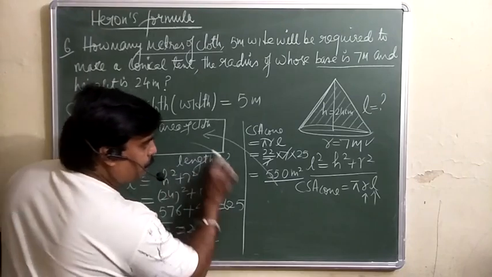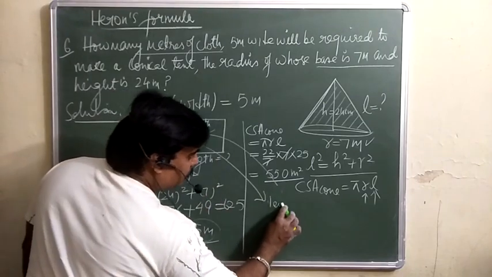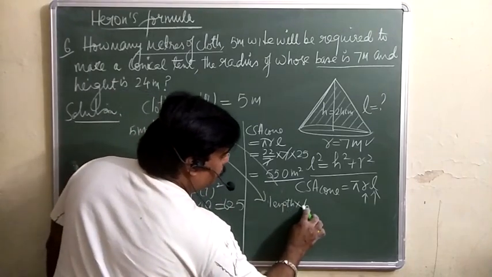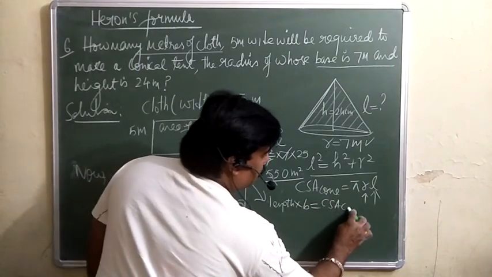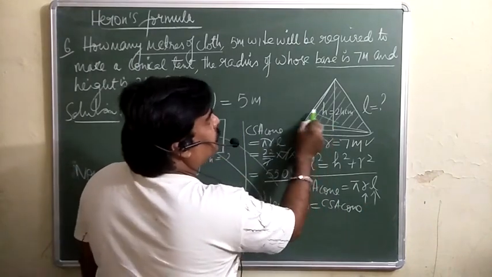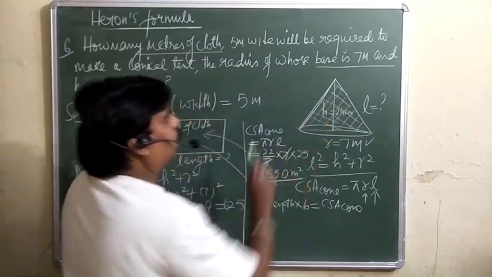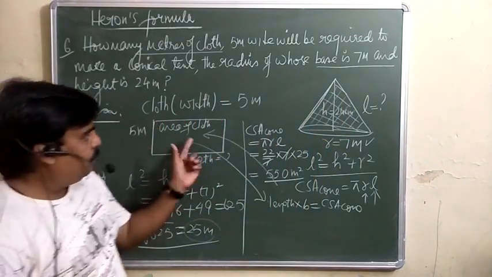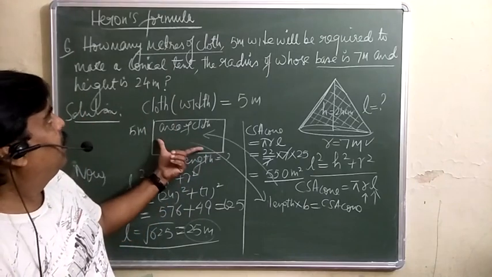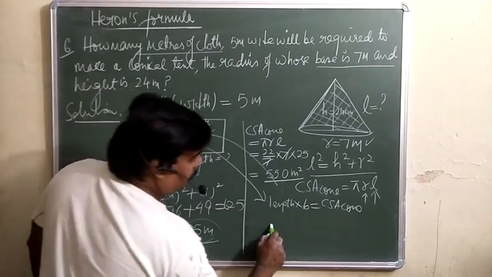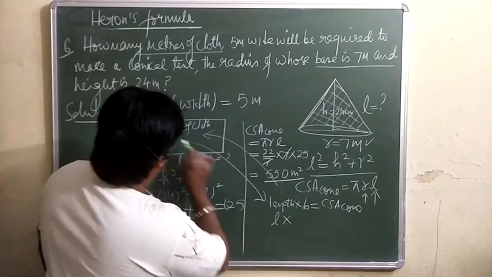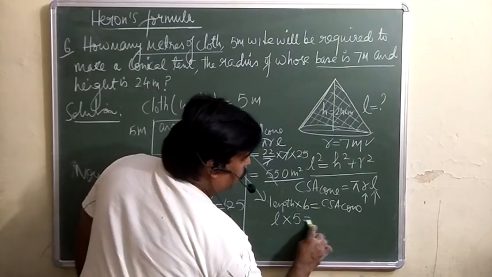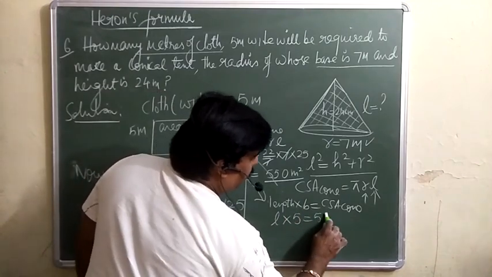So you can say from here, length into breadth will be equal to the curved surface area of the cone, because we are going to cover this cone by the cloth whose width is given 5 meters. जिसकी width हमको 5 meter दी है. We are interested in the length. What will be the length of that cloth? So L into B, which is 5, is equal to the area, 550.